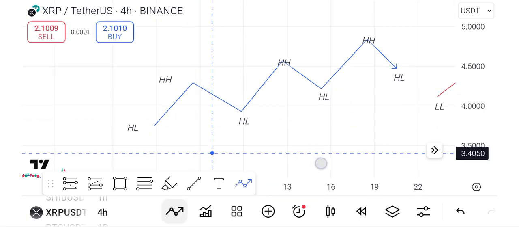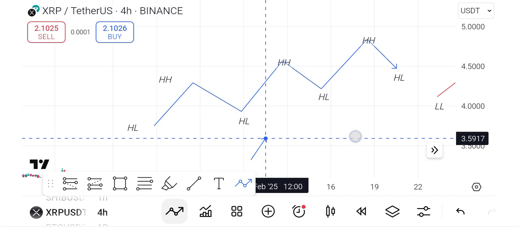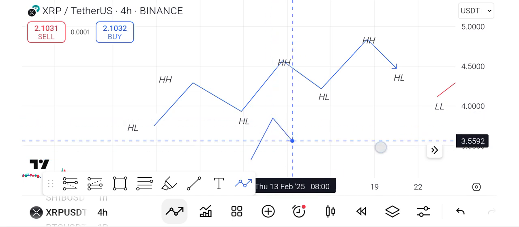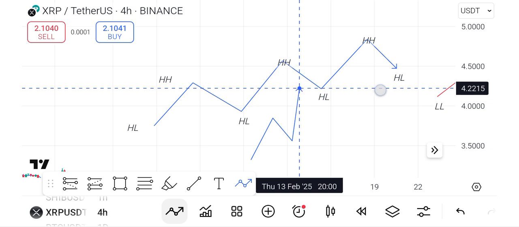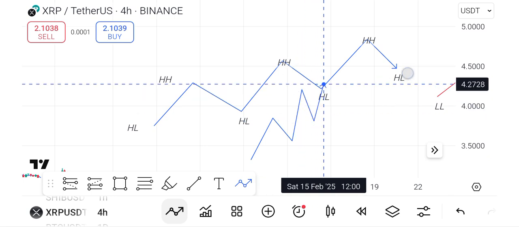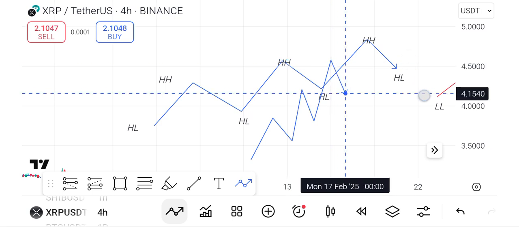The market is creating higher lows, higher highs, higher lows, higher highs. Are you getting me? Higher lows and higher highs. That's what the market is doing in a trending market.